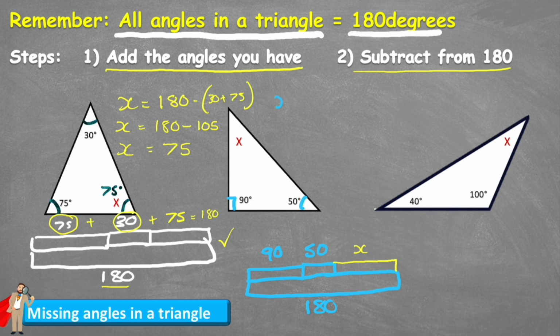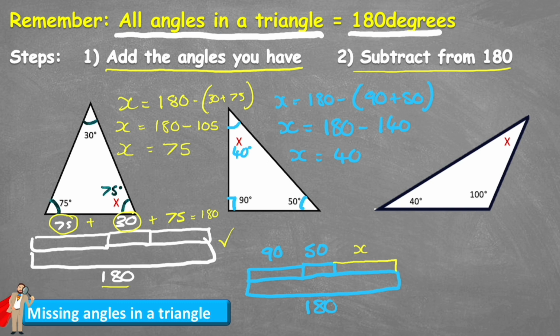I'm going to start with X equals 180 subtract the sum of 90 and 50. So therefore X equals 180 minus 90 plus 50, which in this case is 140. Therefore X equals 40. So the value of this angle is 40 degrees.